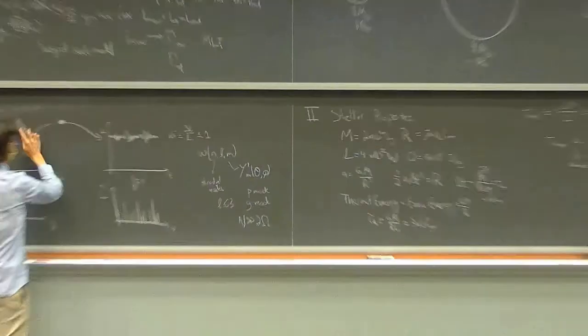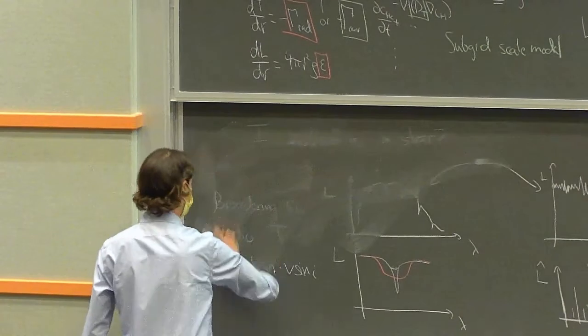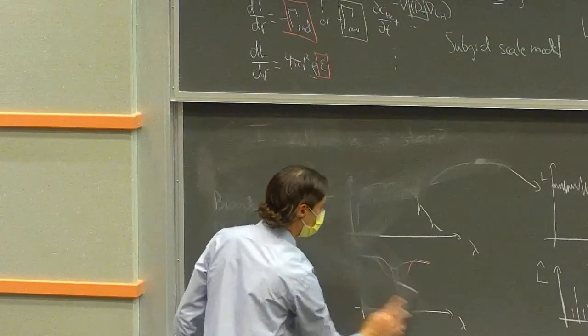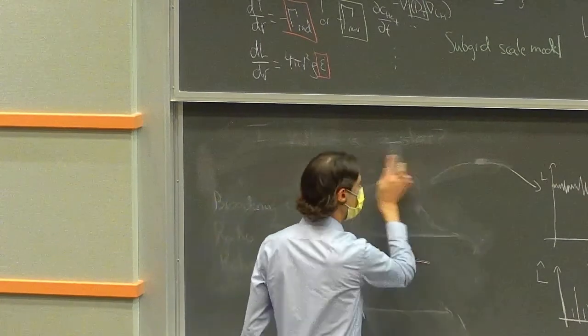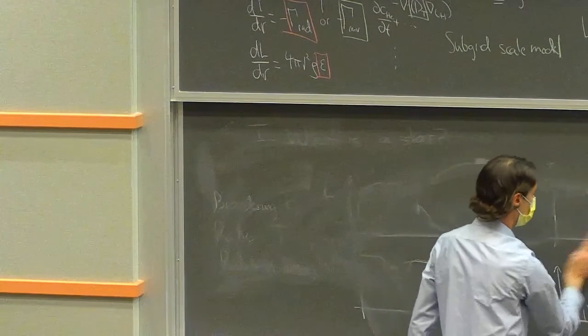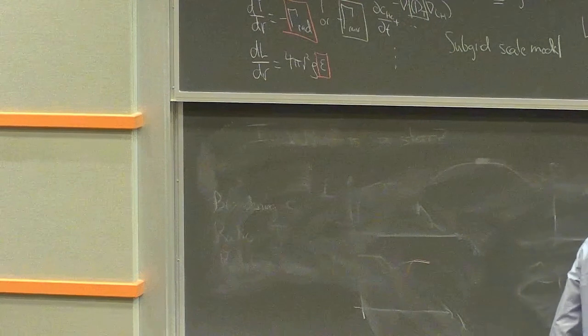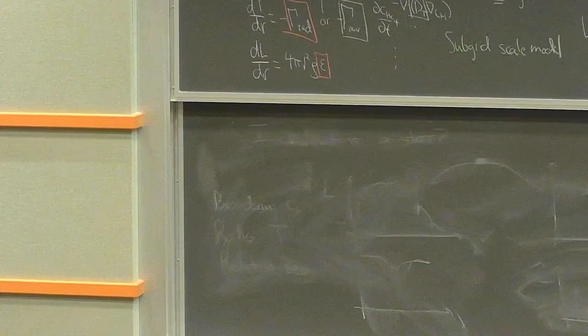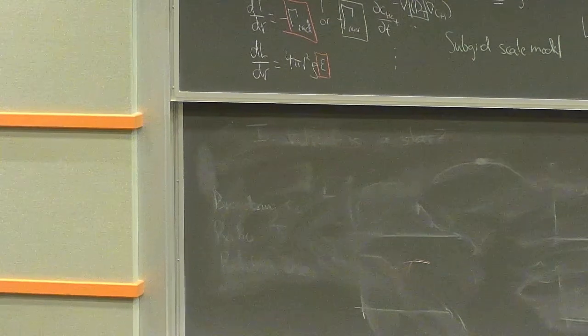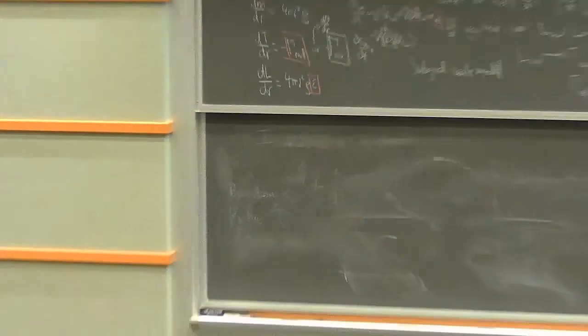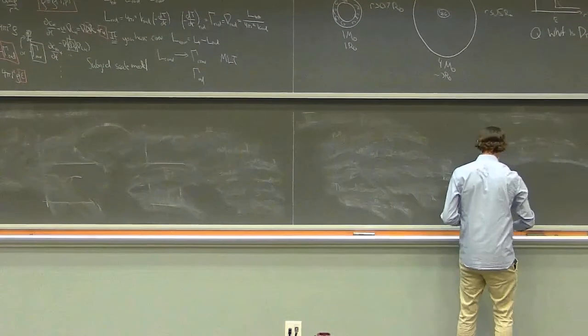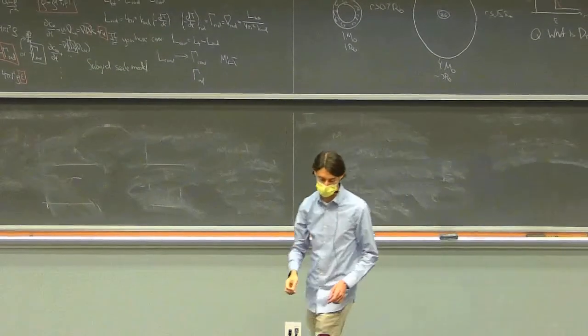Okay, so now I want to discuss two different ways that people have been thinking about what's going on at the boundaries. The first way is using observations, and the second way is using numerical simulations. The observations that I'm going to discuss are this fancy astroseismology, where we're looking at the different oscillation modes of the star.